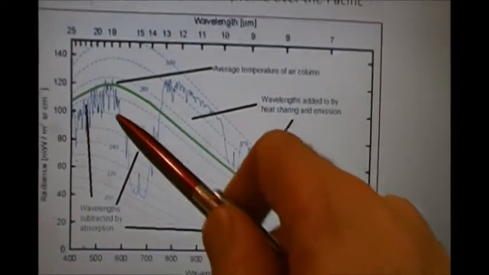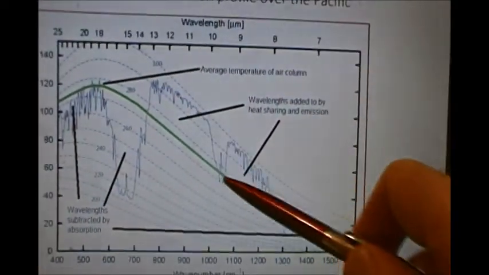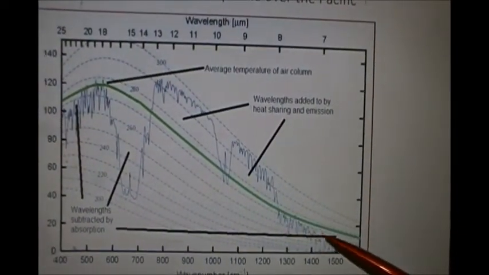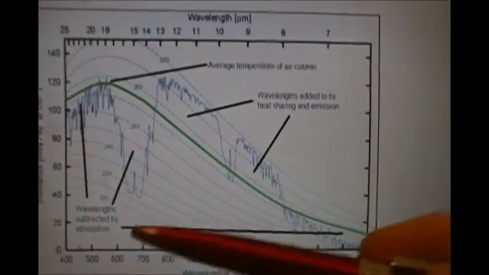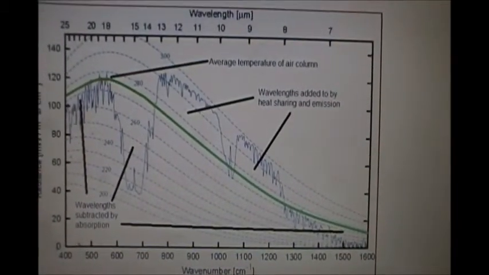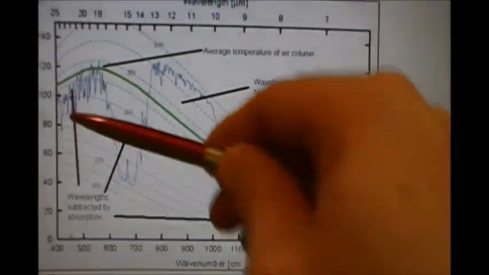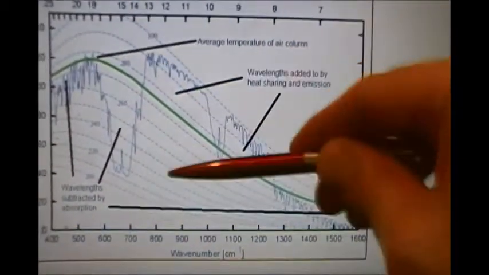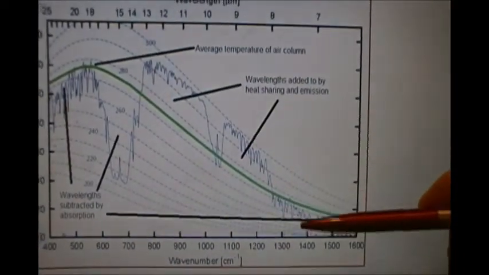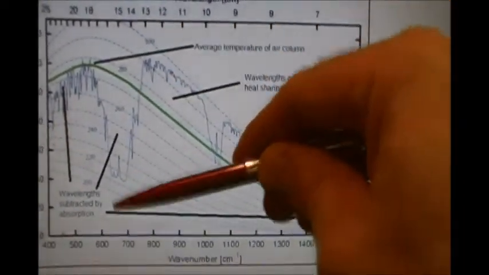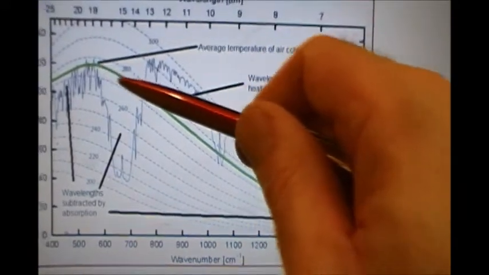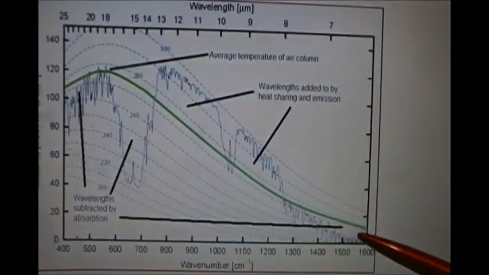But what you realize is that this line is the total amount of radiation that's being measured from the Earth and from all the air in the column below the satellite. If you add up all of the area underneath that curve, it corresponds to this green curve right here.